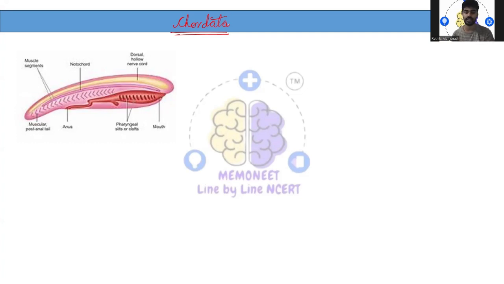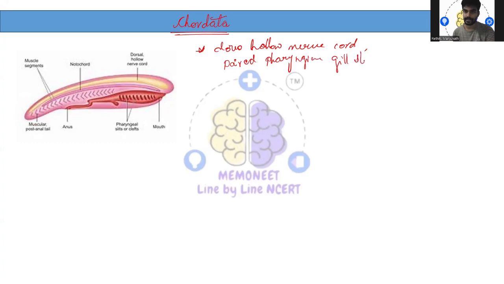And you will also see a dorsal hollow nerve cord. Then paired pharyngeal gill slits will also be present.